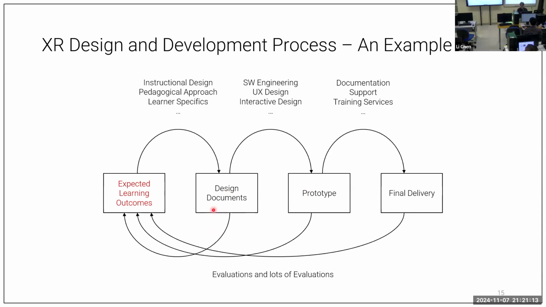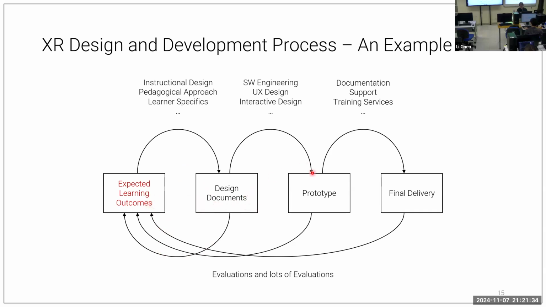Then you do the design documents, and sometimes you have to go back and think about the expected learning outcomes again, because the design may not work. In many cases, I would say this is the cheapest loop you make, if you really want to go back to the drawing board and think about it again.